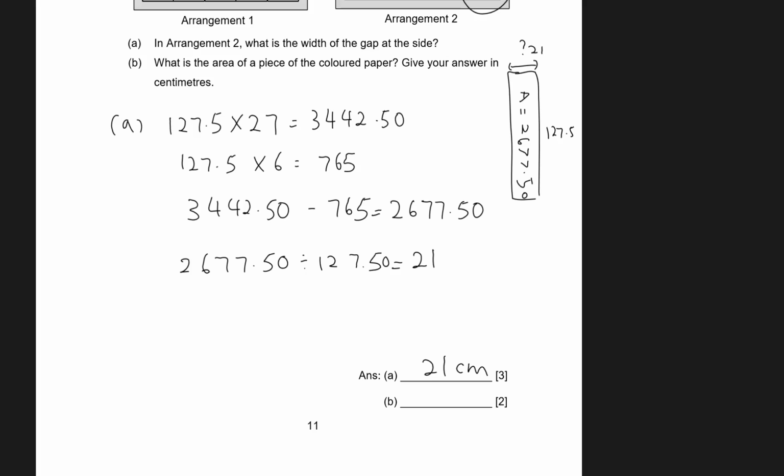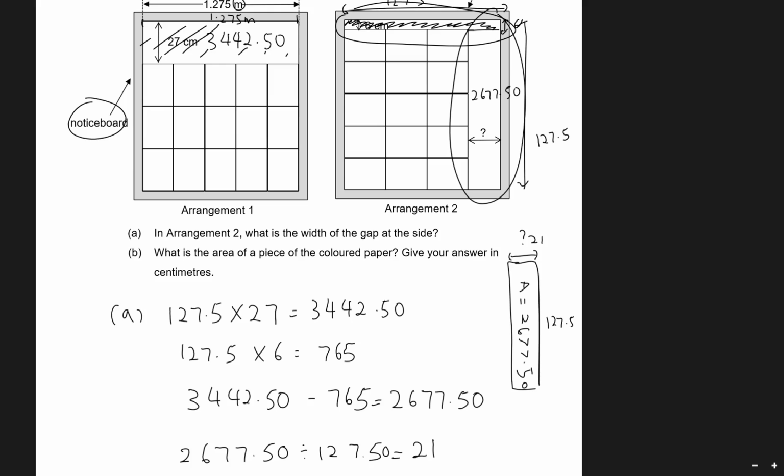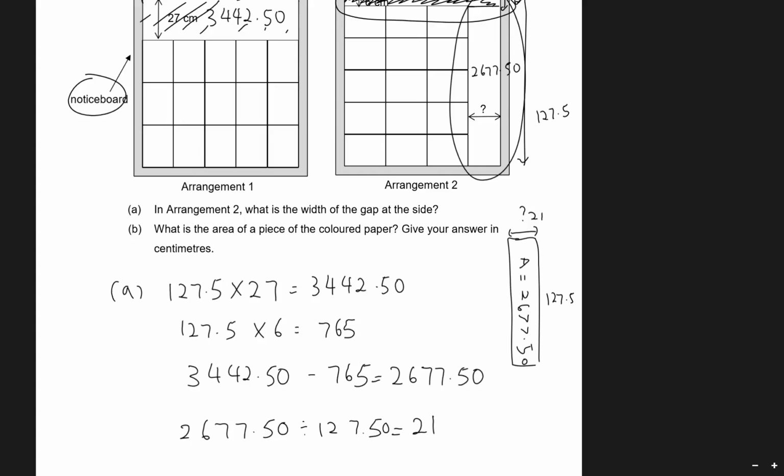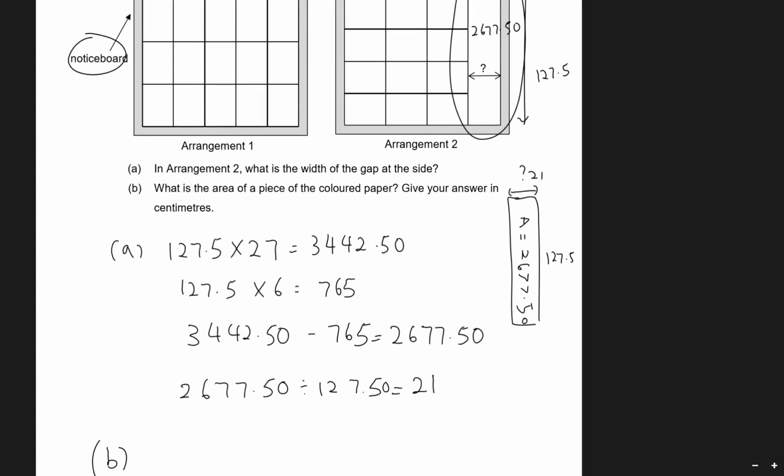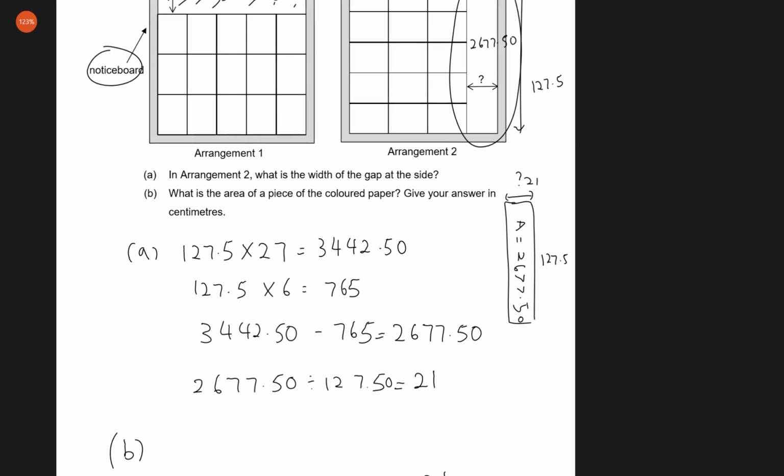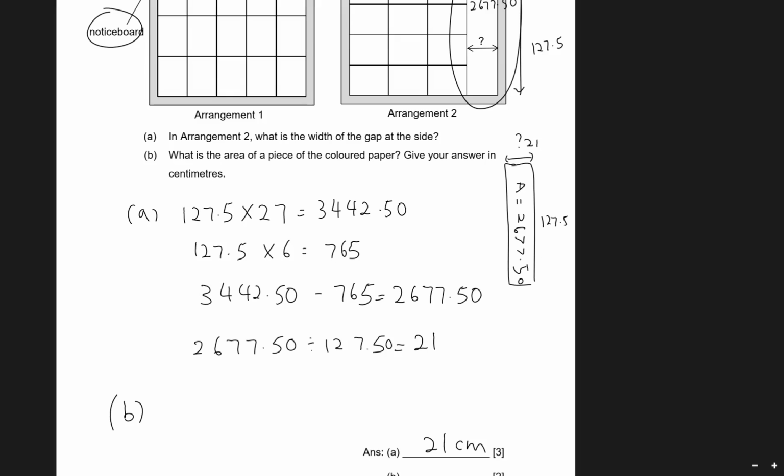Alright, now let's go on to part B. Part B will be slightly easier now that you already know the area. It asks: what is the area of one piece of the colored paper? Let's find out the area of the whole entire board first.